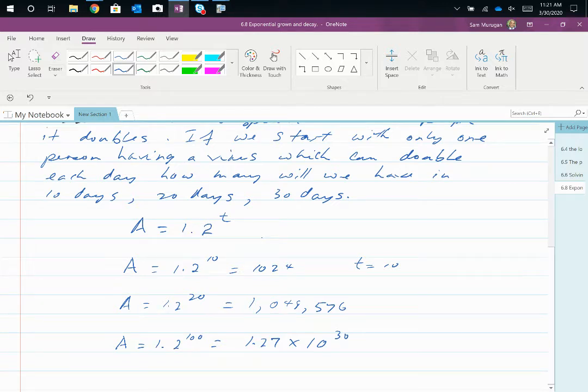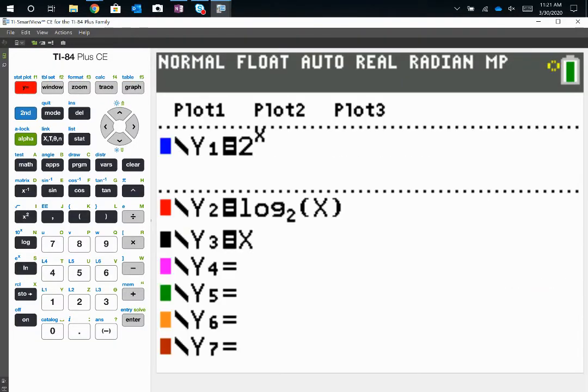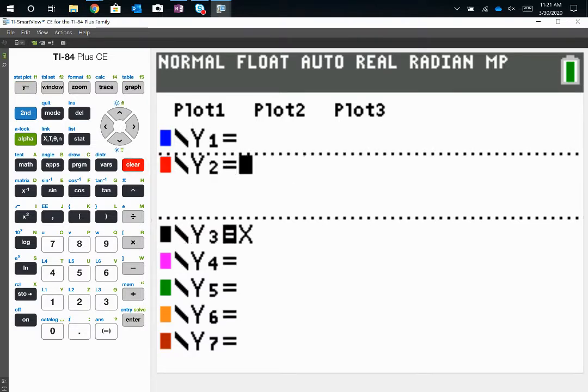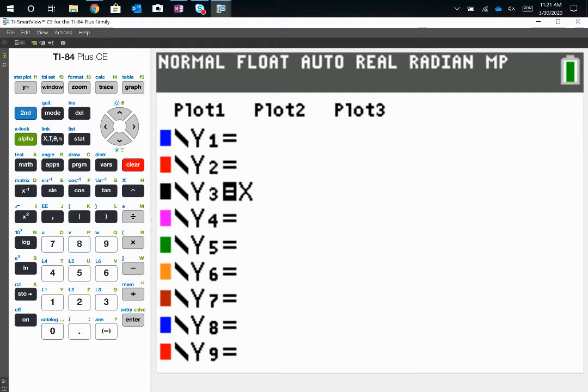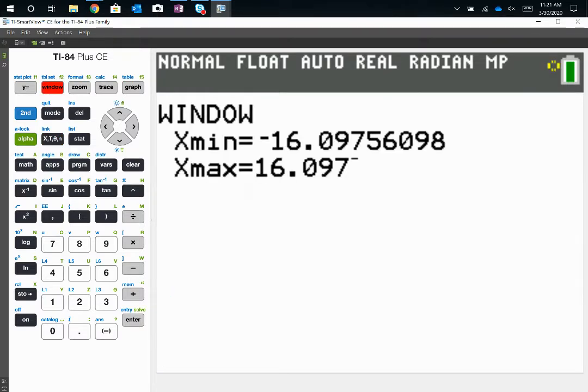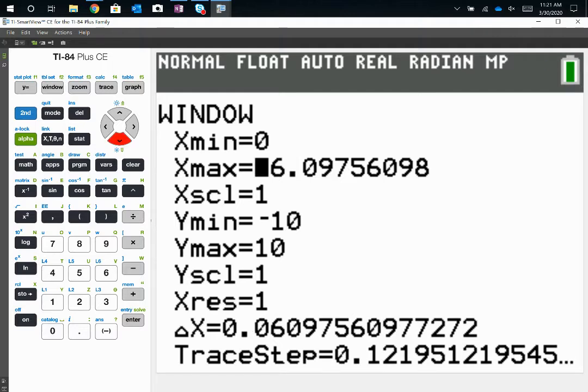And you can actually see a graph of this happening. If I were to graph y equals 1 times 2 to the power x, and fix the window from 0 days to say 100 days.